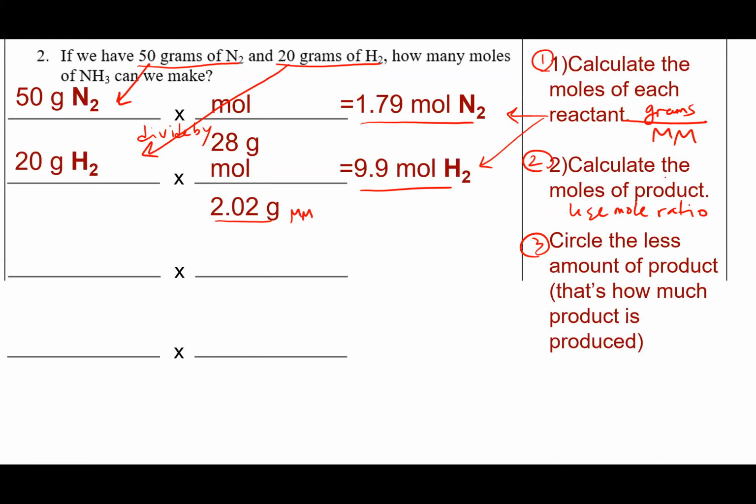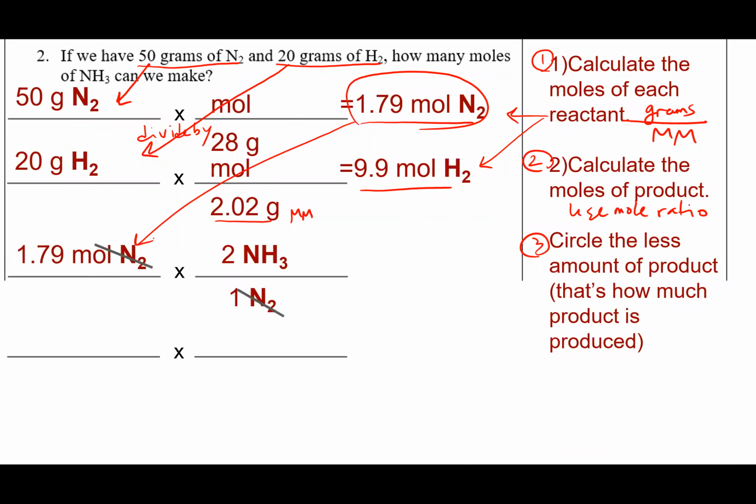Step 2 is calculate the moles of product. So I'm just going to bring these numbers down here, and do a mole ratio. So we have to use the recipe, the chemical reaction. And we want to know how many moles of NH3 we can make.